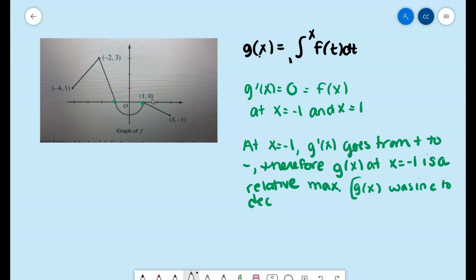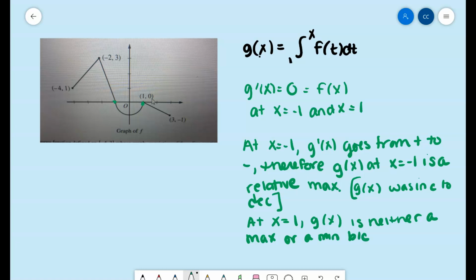And again, this part's not important, just kind of reminding you what that means. Now, at x equals 1, g of x is neither a max or a min because g prime of x does not change signs.